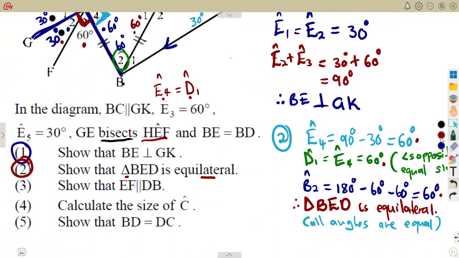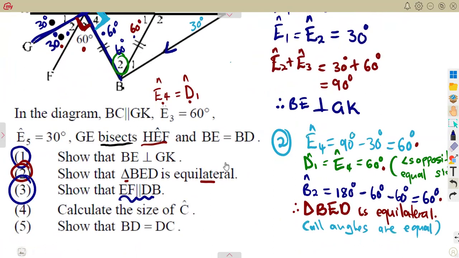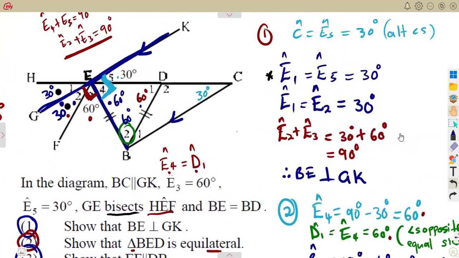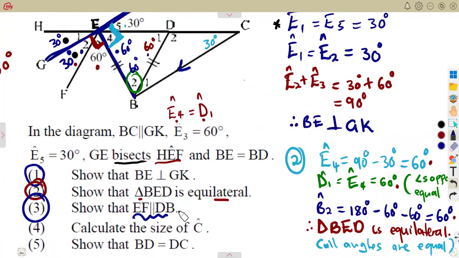Number 3, you need to show that EF is parallel to DB. All right, EF is parallel to DB. From E to F, this one, EF, and this DB, they are parallel. In order for you to show that, you need to prove that the two lines are parallel.